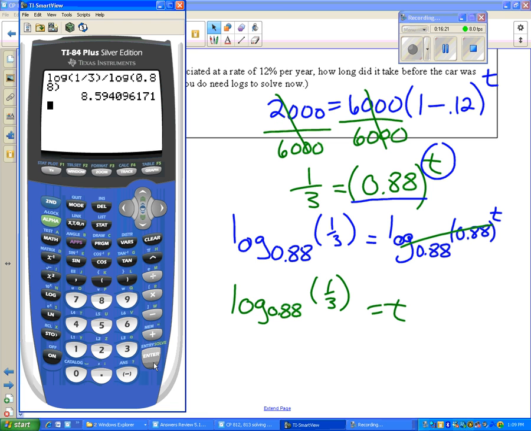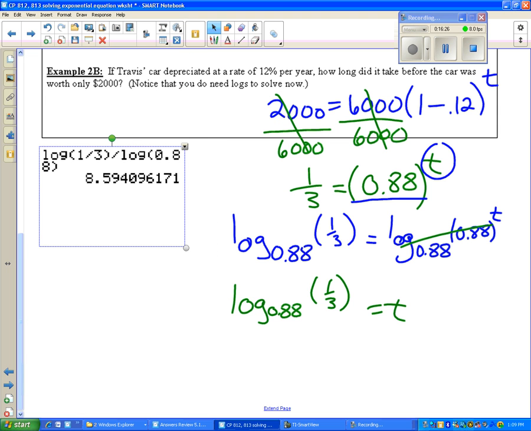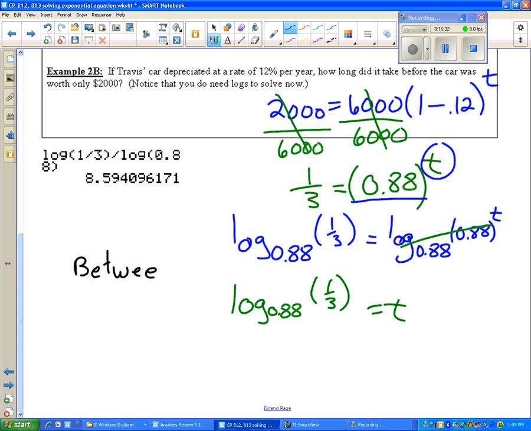And it tells me that it will take between 8 and 9 years for the value to reach $2,000. There we go. That's how we do that.